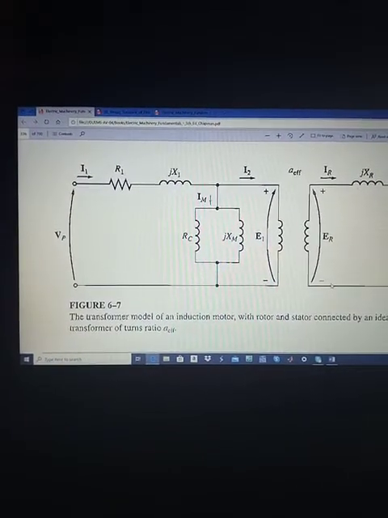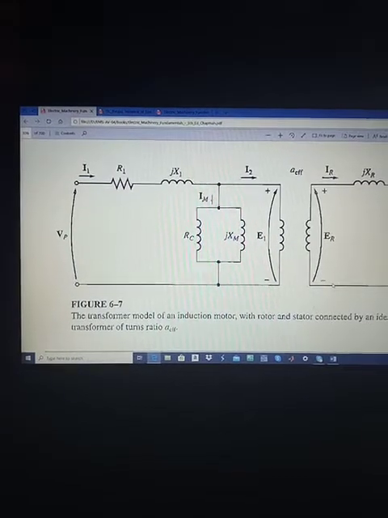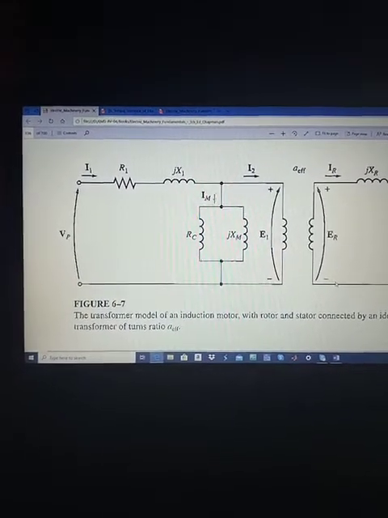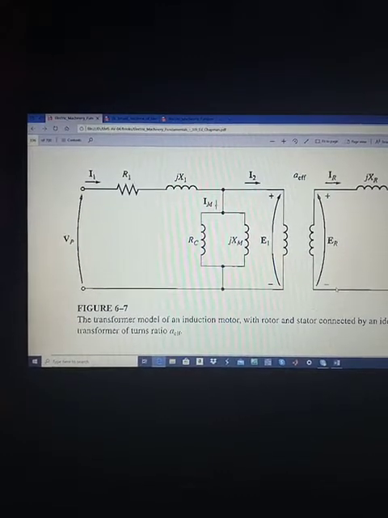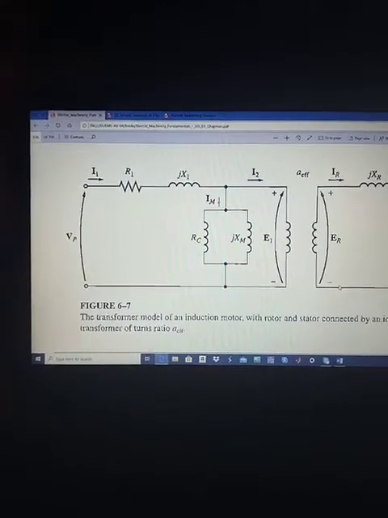So at the blocked rotor condition, the slip is 1 because the rotor speed is 0, and the percent slip is equal to 100%.